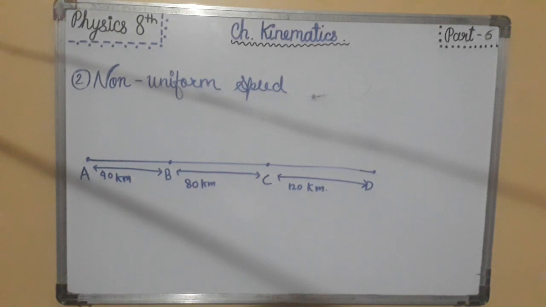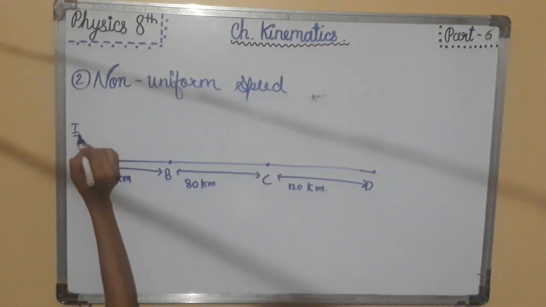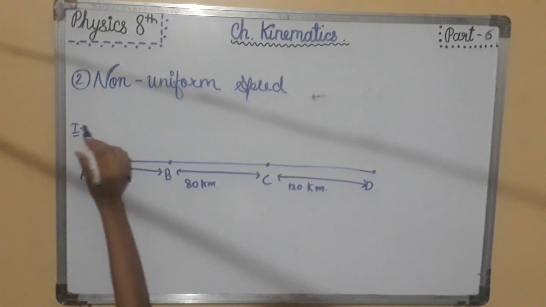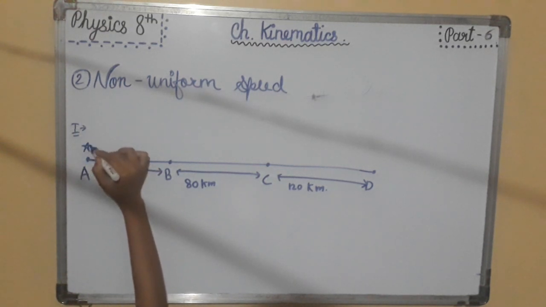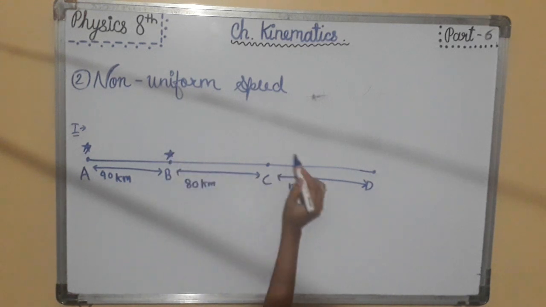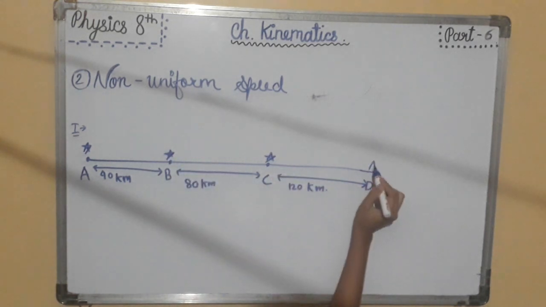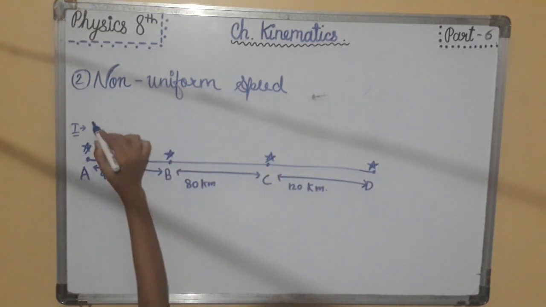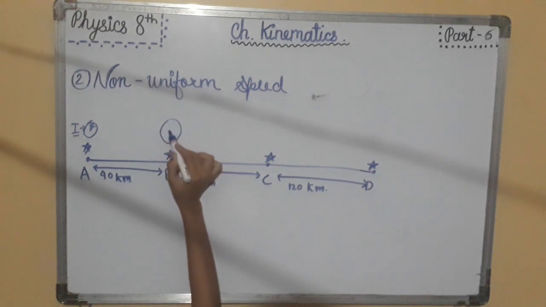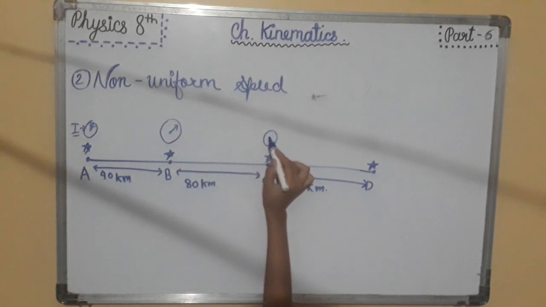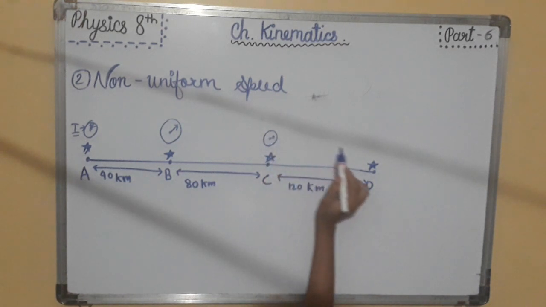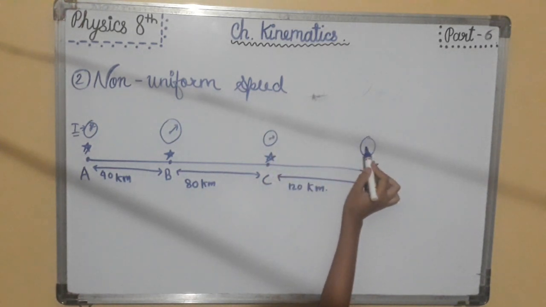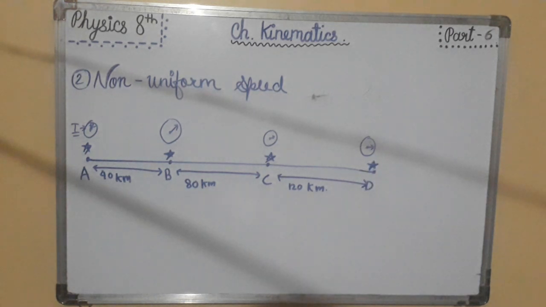Now the time interval. This is the car. At position A the time is 0, at position B the time is 1, at position C the time is 2, and at position D the time is 3.